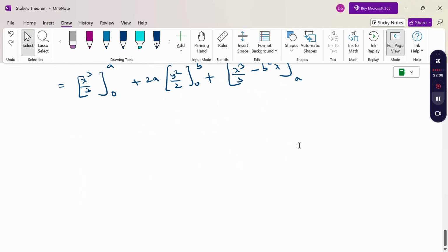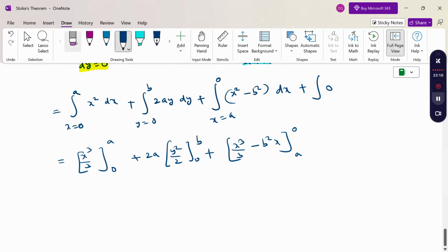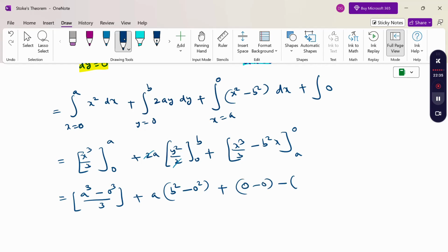Substitute upper limit minus lower limit: a cube minus 0 cube by 3, plus a times b square minus 0 square (the 2 cancels), plus upper limit 0 minus lower limit, a cube by 3 minus a b square.